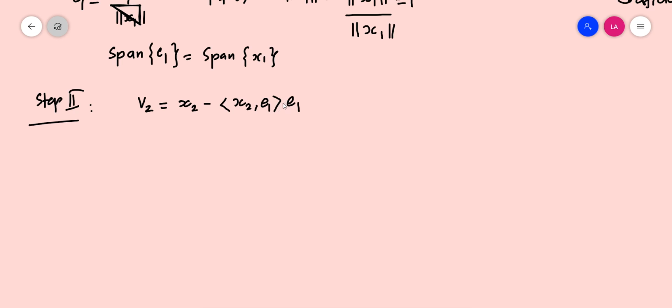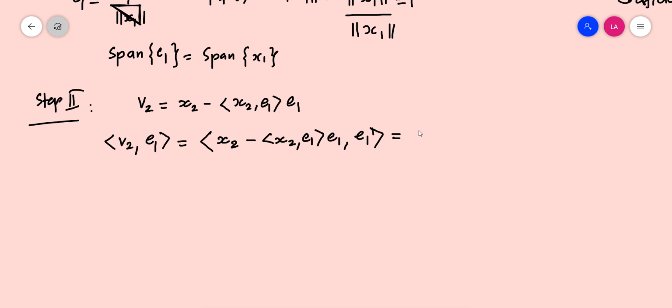Also, inner product v2, e1, which means both of them are orthogonal, we are going to prove this, is equal to inner product x2 minus inner product x2, e1 times e1, comma e1.